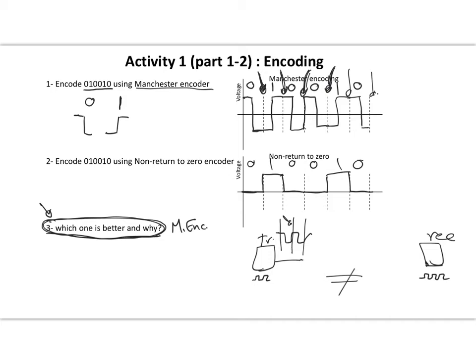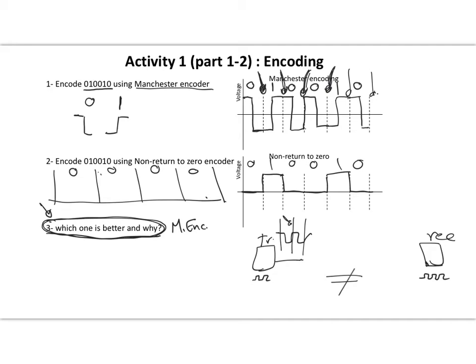So if we assume, for example, non-return to zero, and we have four bits like this, and all of them are zeros, just to make it simple. So these are 4 bits, which means 4 signal durations.